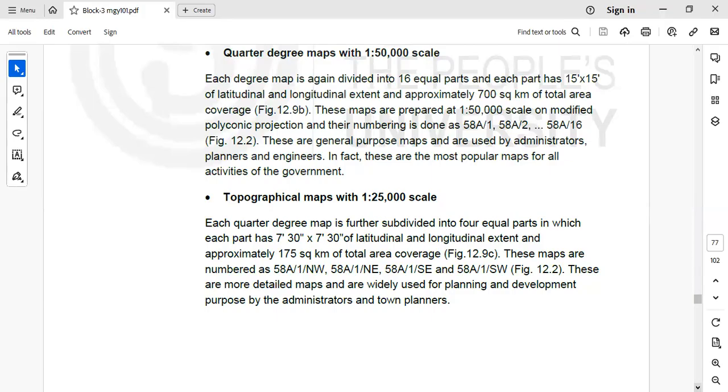and town planners. So based on the scale, we can use the map for a particular purpose. The idea of the scale, or understanding of the scale, is very important to select a particular map for our own study.